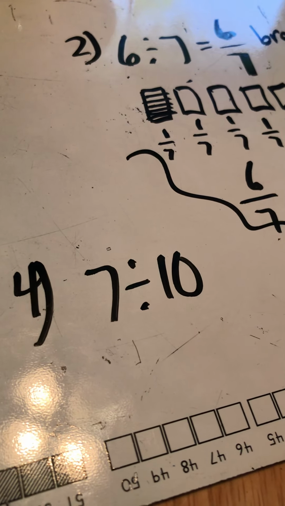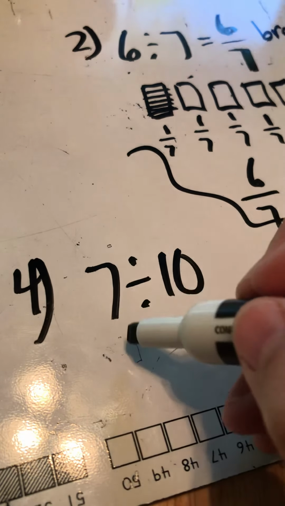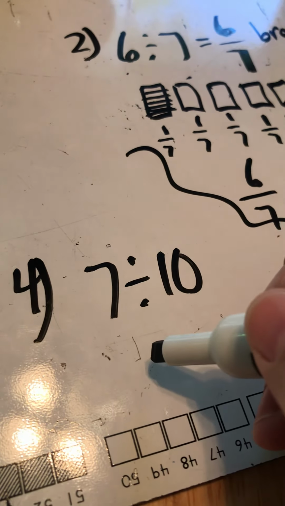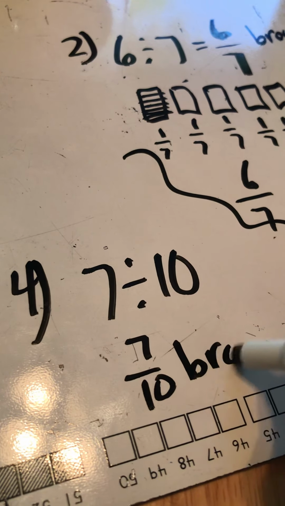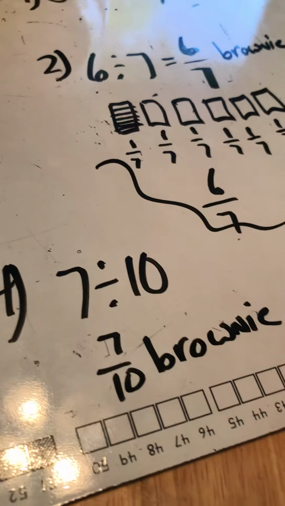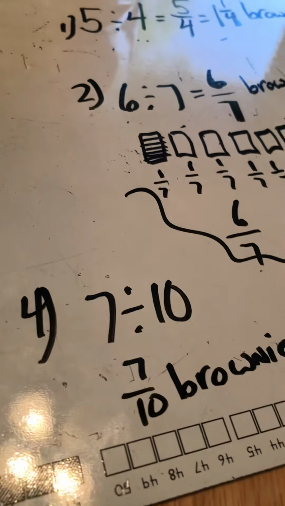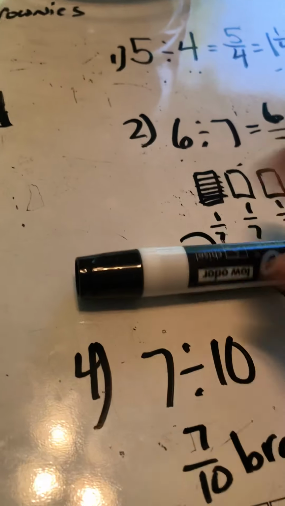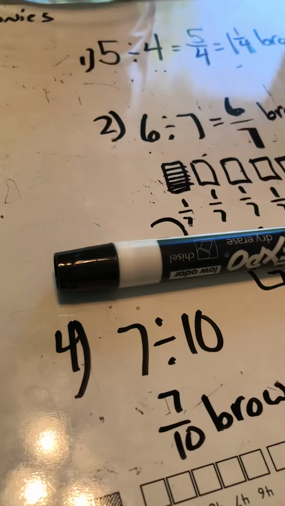You can draw it out, or you can just do the fraction work. All right, so I'm going to give you the answer now. It's going to be 7/10 of a brownie. Perfect. All right, and number 5 we'll do tomorrow because we're going to go over page 474 tomorrow.